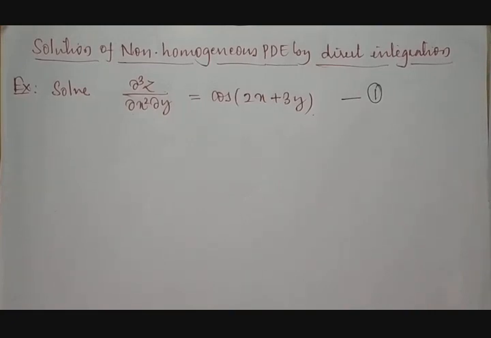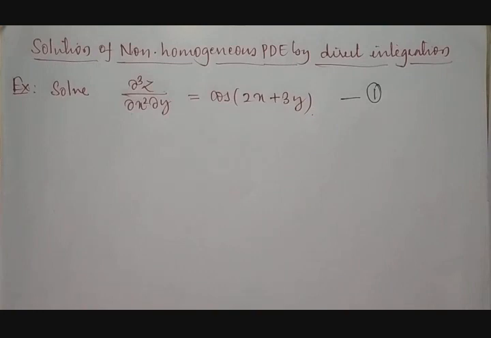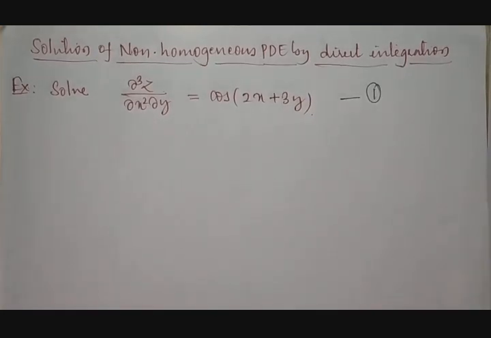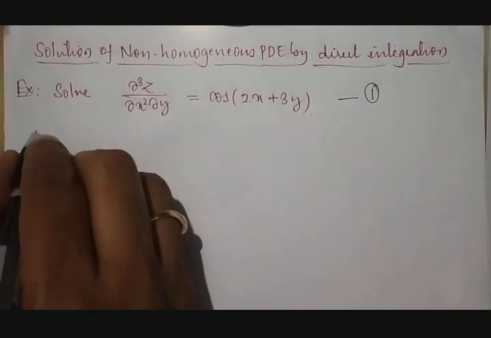Since it is a partial differential equation, the integration constant we take must be an arbitrary function. If we are integrating with respect to x, then we have to take f(y) as the arbitrary constant, and if we are integrating with respect to y, then f(x) will be the arbitrary constant. So that care is to be taken. Okay, first let us start.